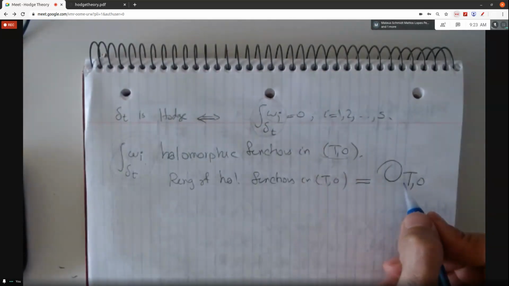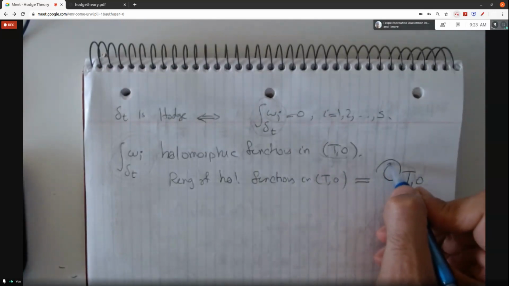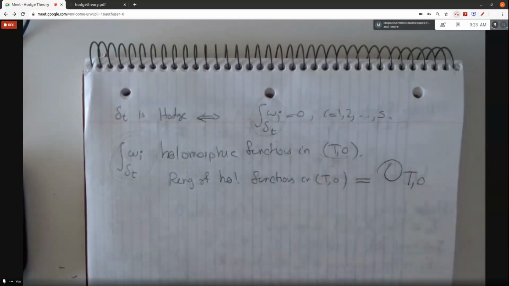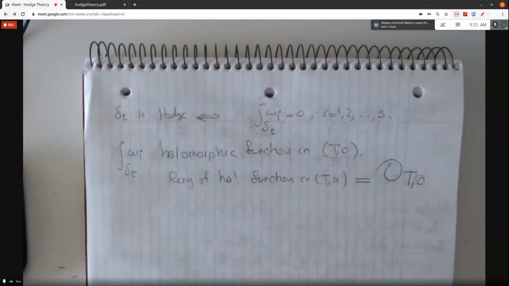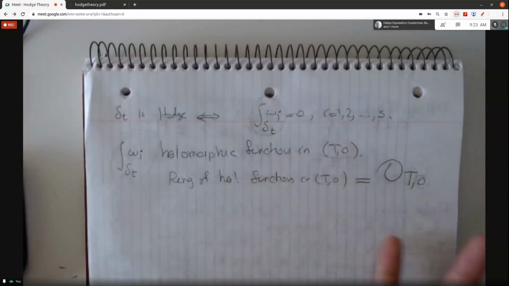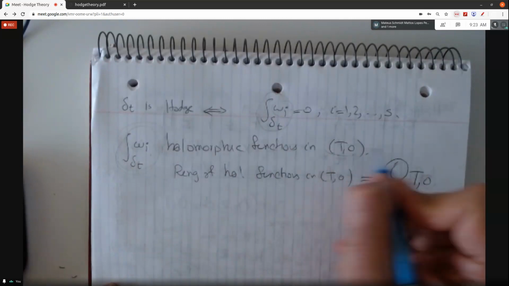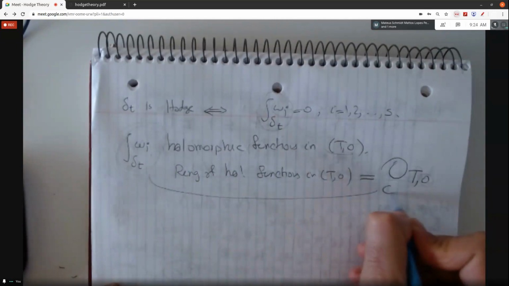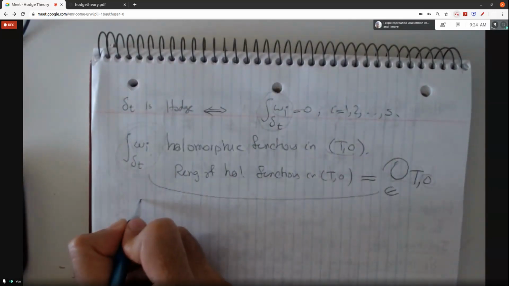This is not the algebraic structure sheaf of T. For now, I am using it as the holomorphic structure sheaf of T. So this will be the ring of holomorphic functions in a neighborhood of 0. All these guys belong here, and of course they will form an ideal.